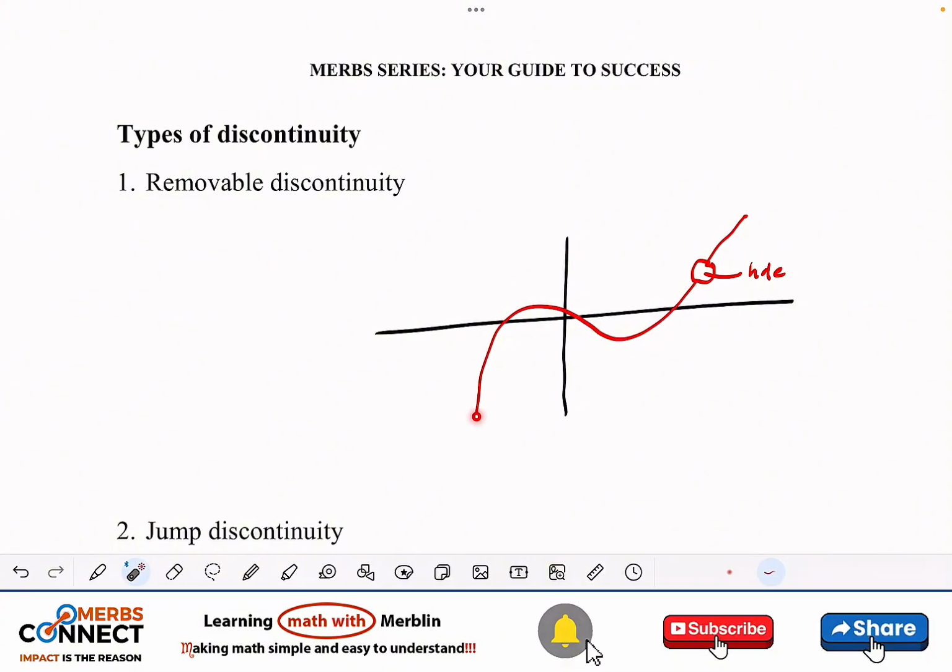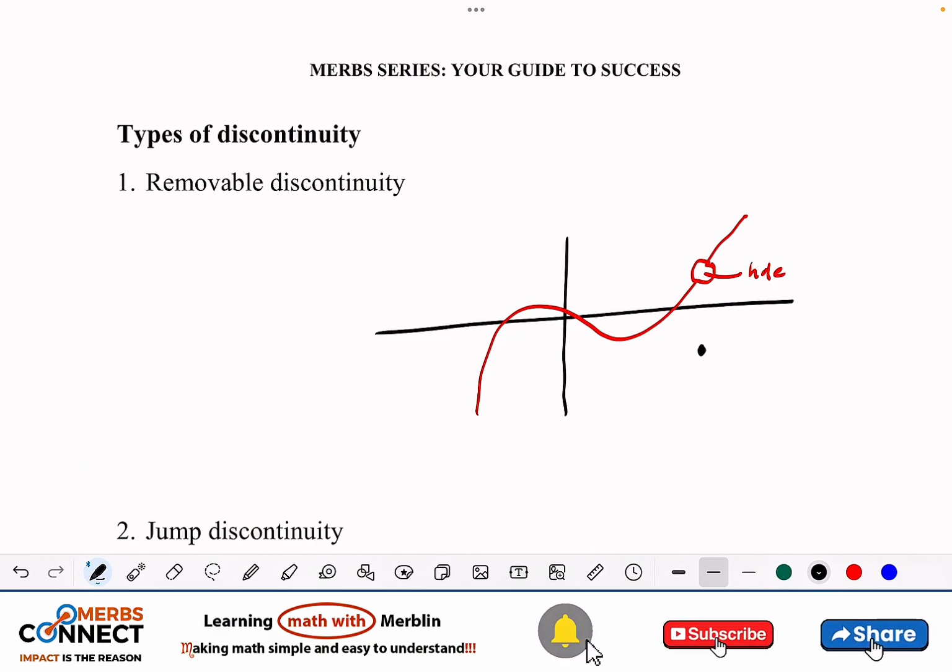So the graph is continuous, but when it gets here, it just needs to go around before it continues. So this is removable because we can just fill it in. This means that the limit exists, but let's assume that when you plug in the value, it does not exist, or maybe it's giving us a different value, right?